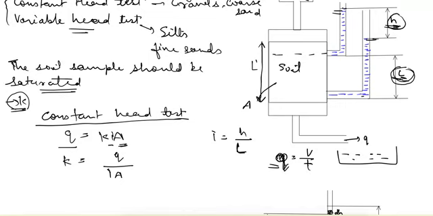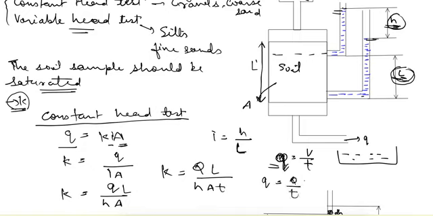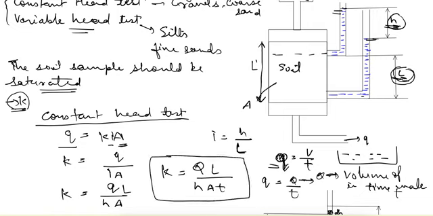So permeability can be given as Q upon H by L into area, and if Q is the volume of flow in time t, this can be written as K equals QL upon AHt, where Q is the volume of water in time t. From that we can find this value, and so permeability can be calculated.